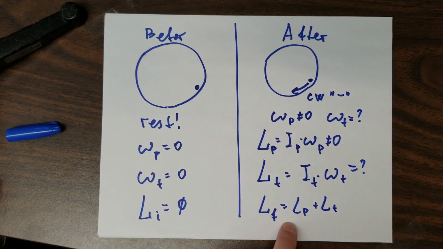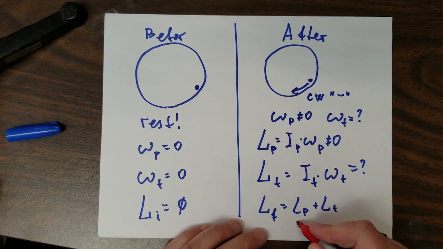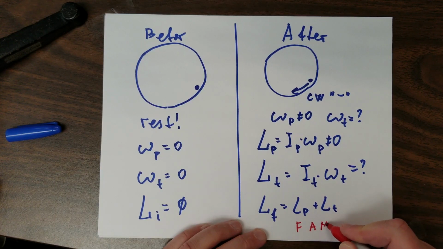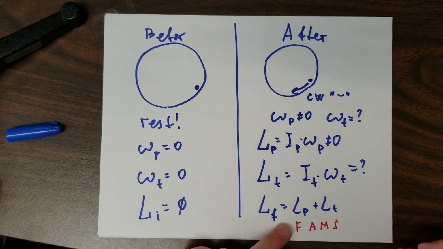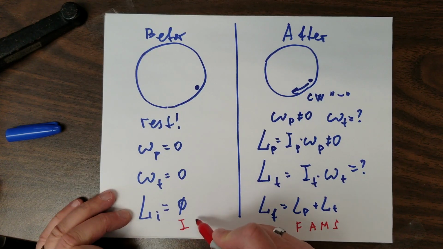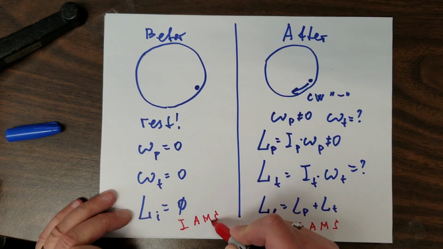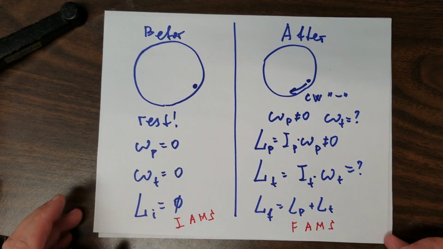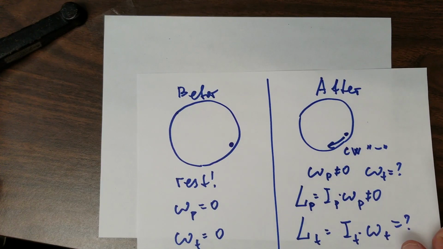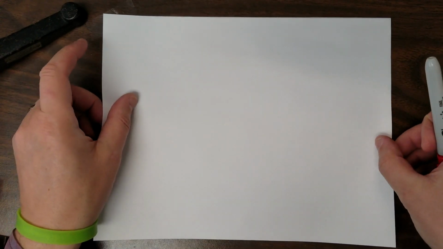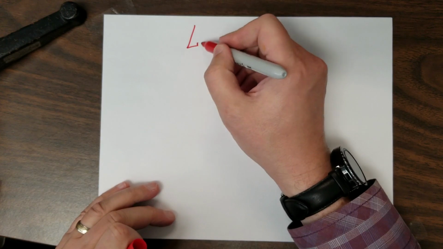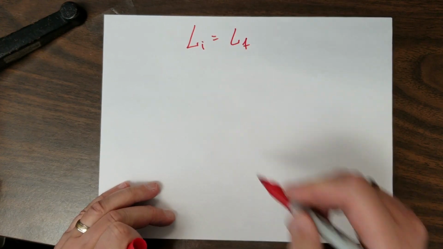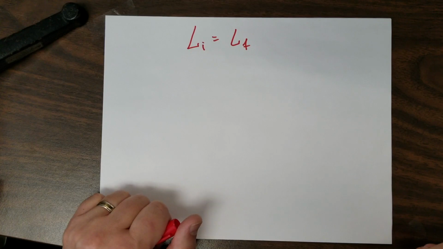Is this the law of conservation of angular momentum? No. This is just the final angular momentum of the system, and this is the initial angular momentum of the system. What does the law say? The law says that for the isolated system, the initial angular momentum and final angular momentum should be equal to each other.